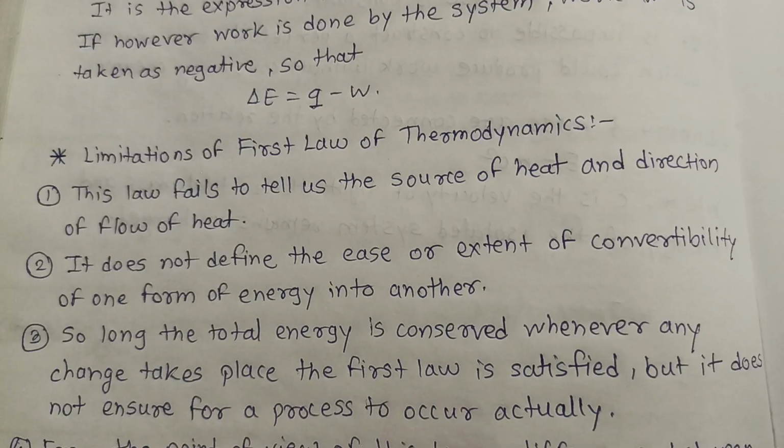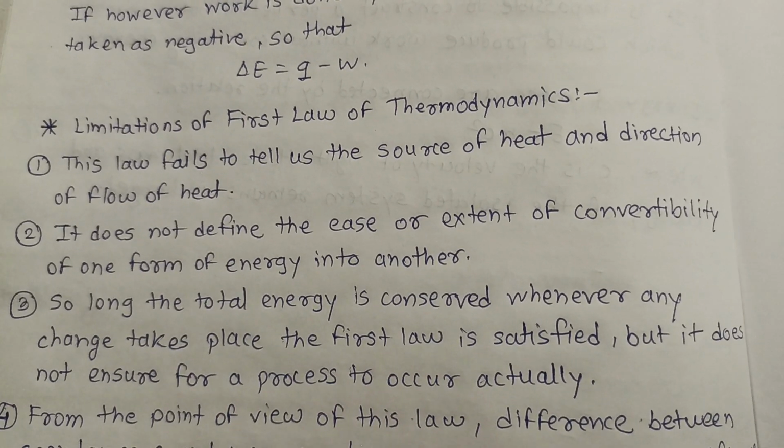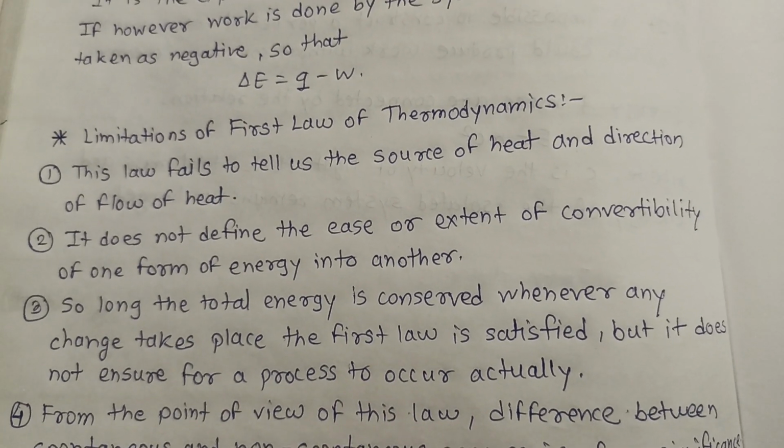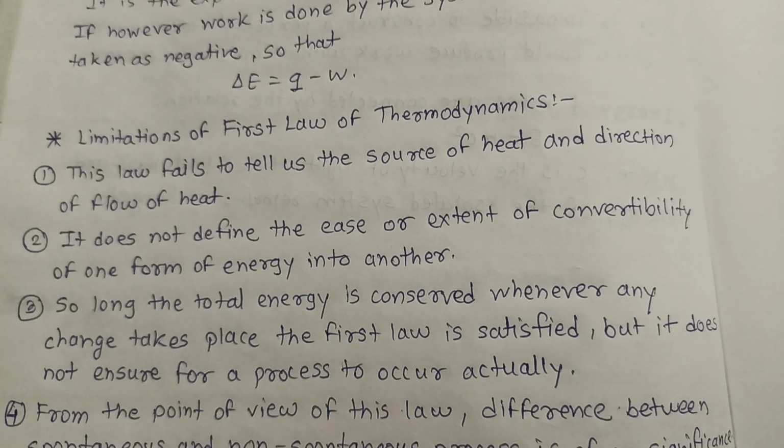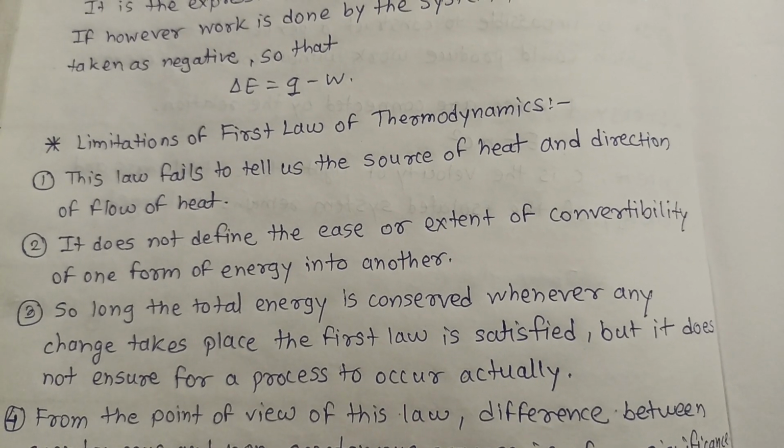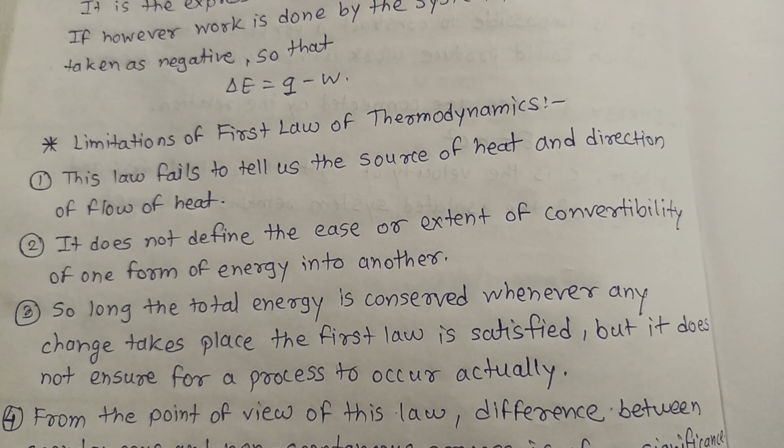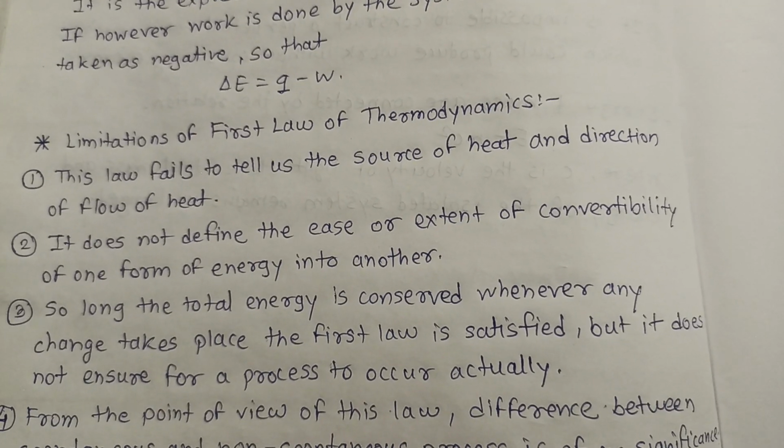Third, so long as the total energy is conserved whenever any change takes place, the first law is satisfied, but it does not ensure that a process will actually occur.